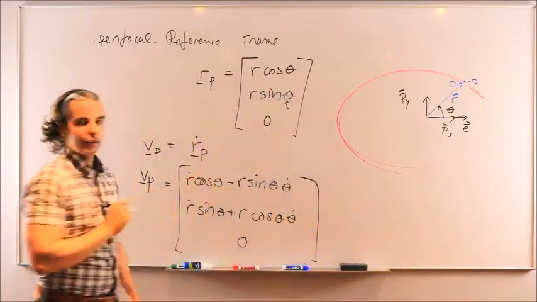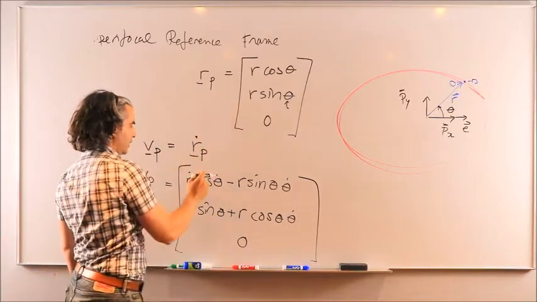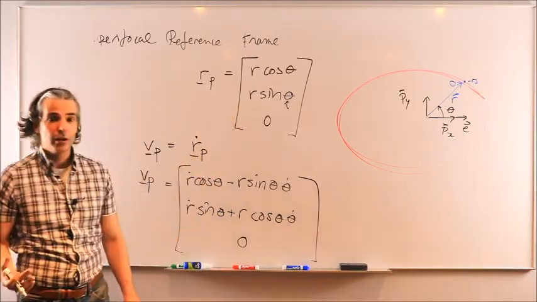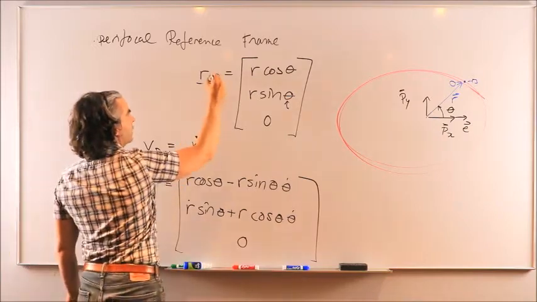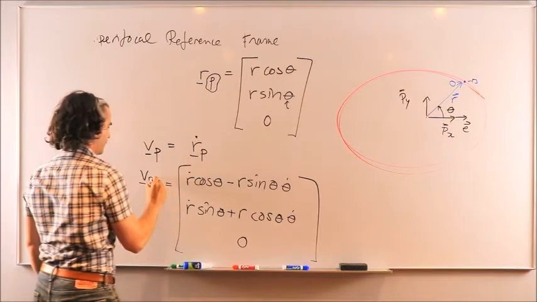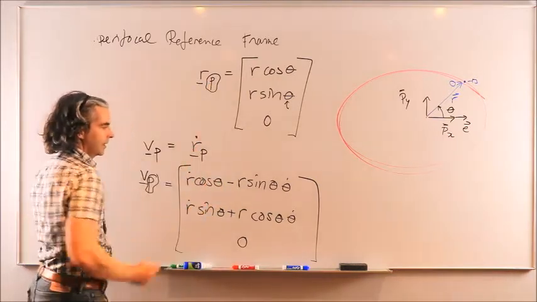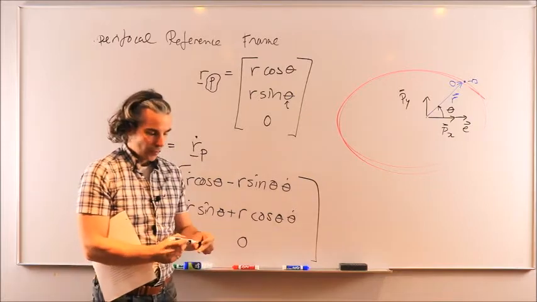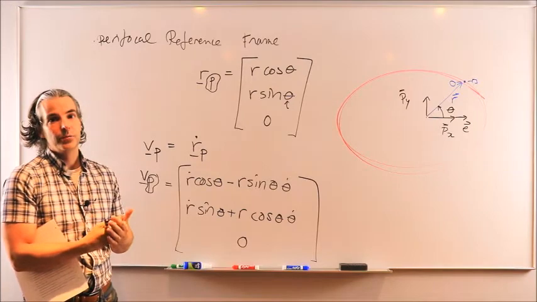But no, we're not done. Well, why? We have x, y, z position, x, y, z velocity at the time we wanted. Yes, we do, but not in the right reference frame. Those 6 quantities obtained from the 6 classical orbital elements are obtained in the perifocal reference frame. That wasn't the objective.